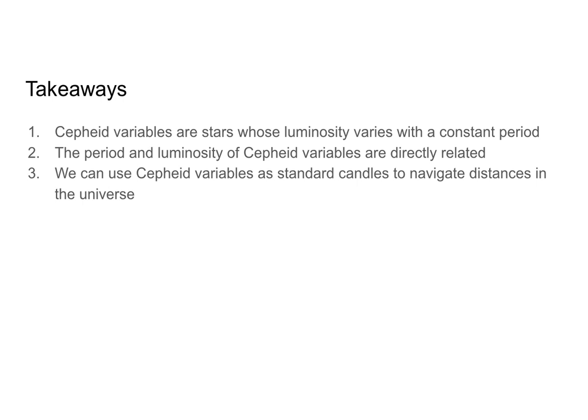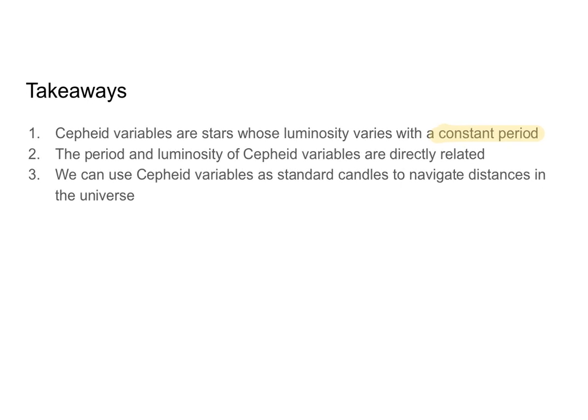So first of all, Cepheid variables are stars whose luminosity varies with a constant period. And perhaps it would be better to, instead of saying luminosity, write brightness, because we are figuring out that a star is a Cepheid variable by measuring its brightness. Next, the period and luminosity of Cepheid variables are directly related.